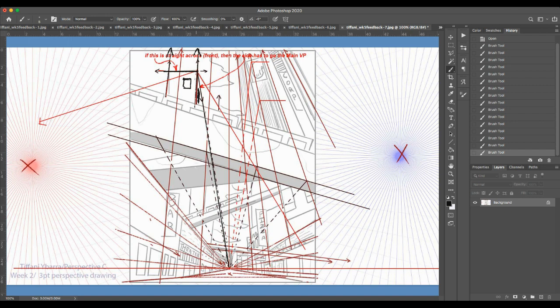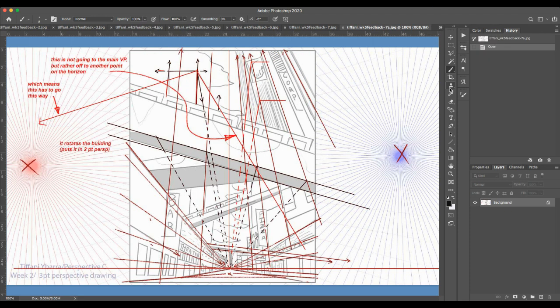I'm guessing that's the same line right there. So let's say the corner of the building was there, then the windows would all be kind of like this, and that's also going to your upper VP. Okay, so that's it. It's also addressing what you had going on here. So you can't really have a line like that in a case like that.